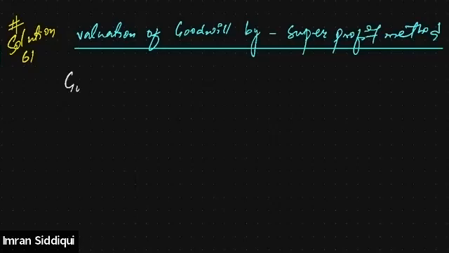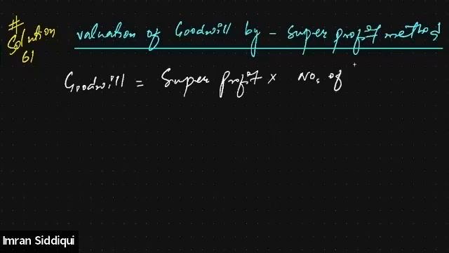We will first of all apply the formula: goodwill equals super profit multiplied by the number of years purchase.